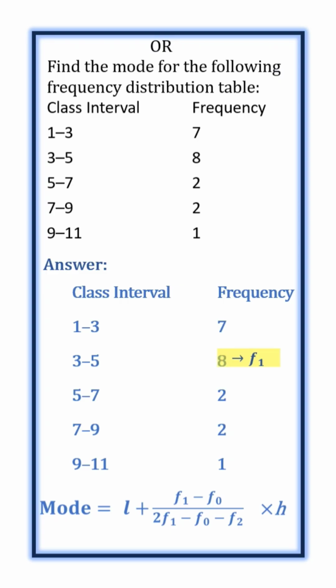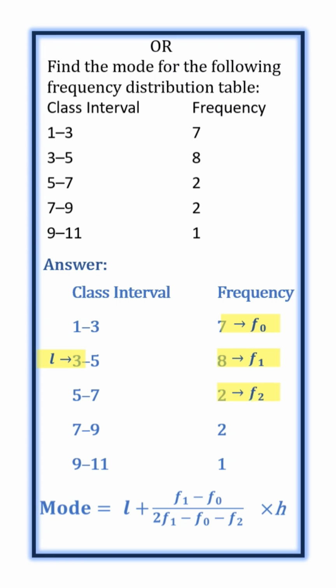So this is F1. 3 to 5 is the modal class interval. 3 is the lower class limit of the modal class, and F0 is 7, F2 is 2.